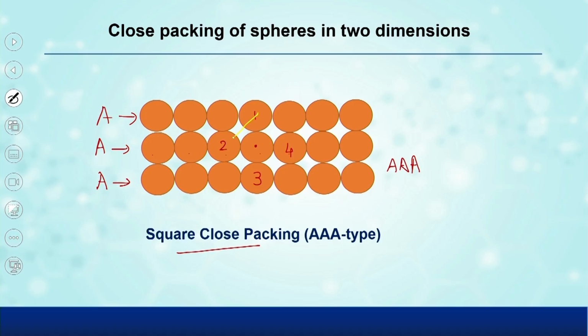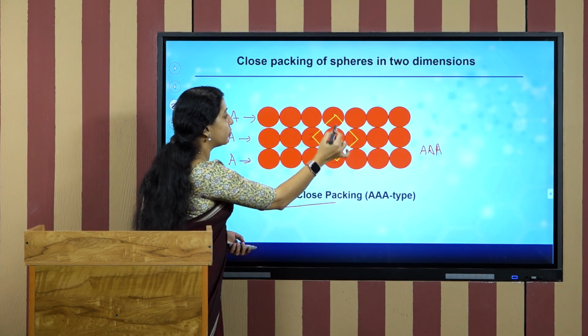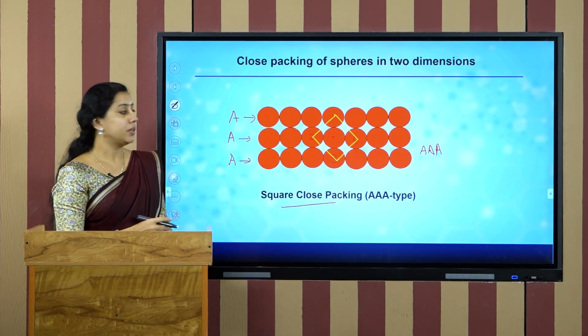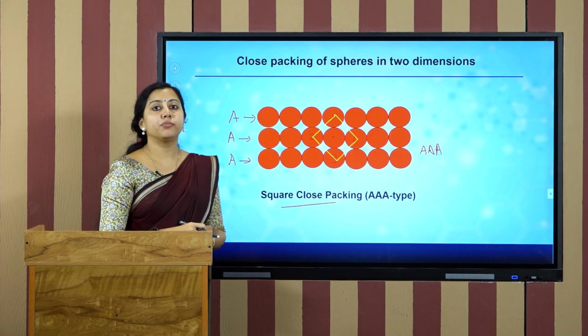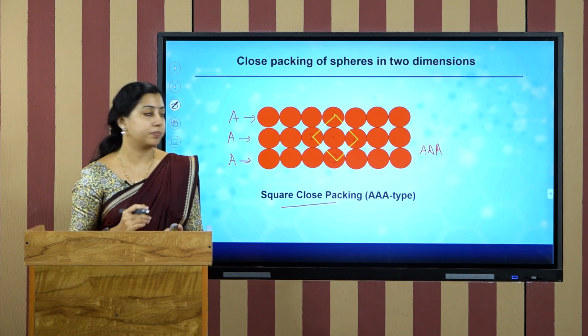So, if we connect these spheres, we can create a square, or the centers of these neighboring spheres are at the corners of the square. So, that is why this kind of arrangement is called a square close packing.